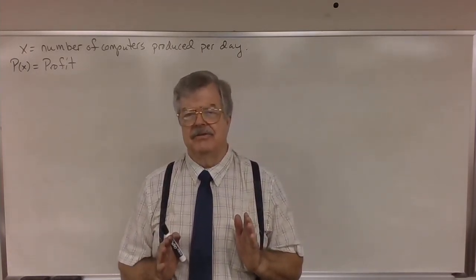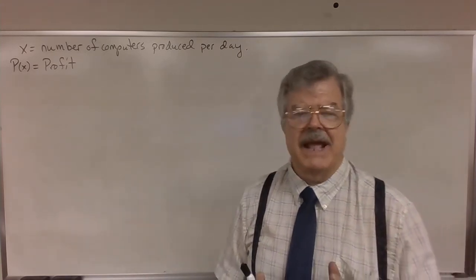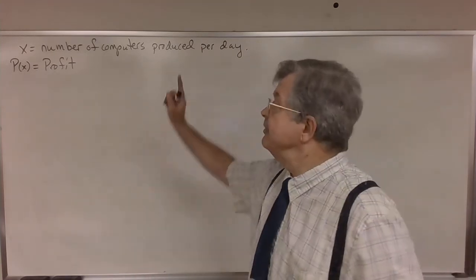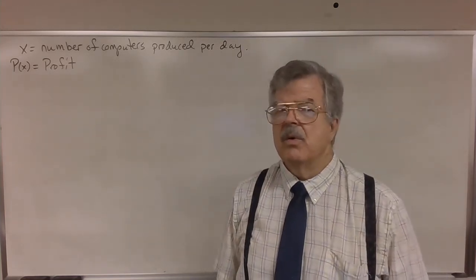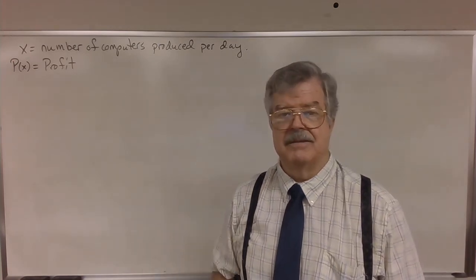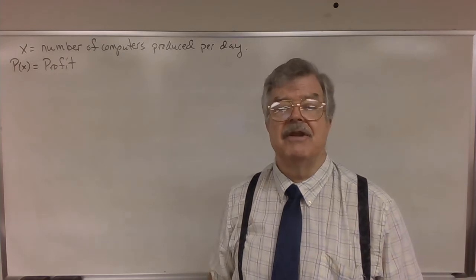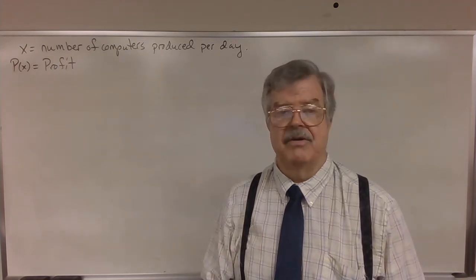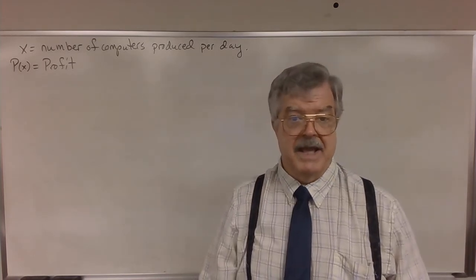what is the smallest value that X can be? X is the number of computers produced per day. What's the smallest value that X can be? I can shut the operation down and manufacture nothing, right? I can produce 0 computers in a day.